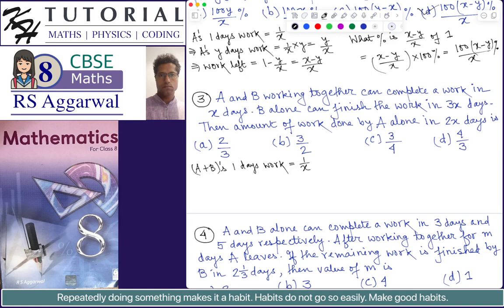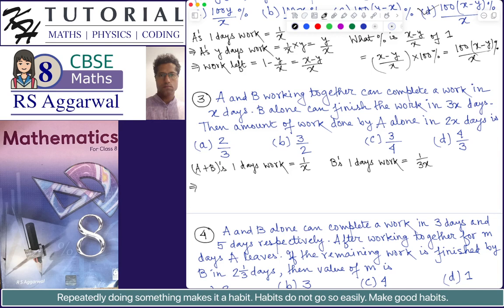Also, since it is given that B alone can finish the work in 3X days, we know that B's 1 day's work is equal to 1 by 3X. Now, what is A plus B's 1 day's work?